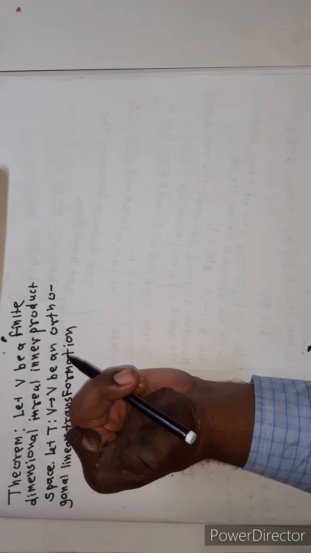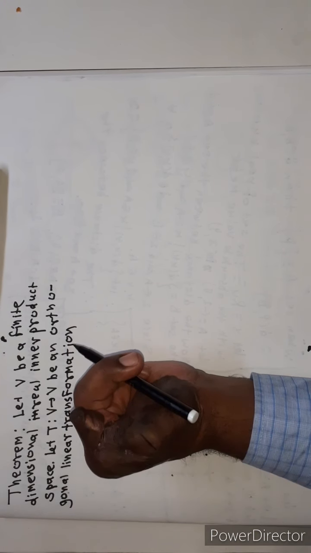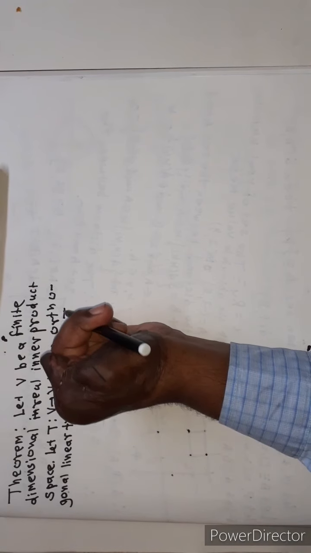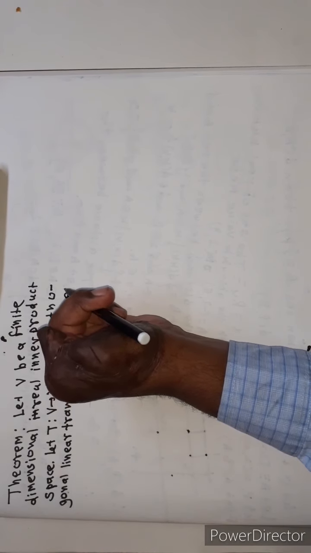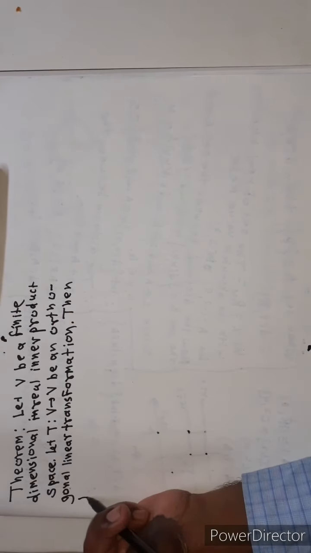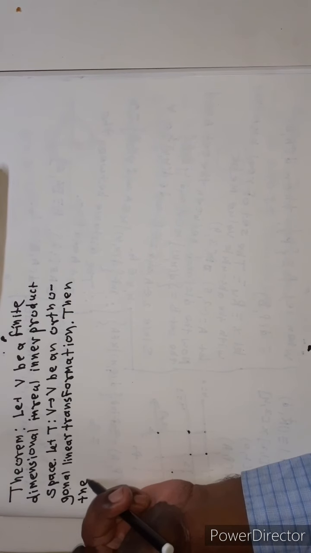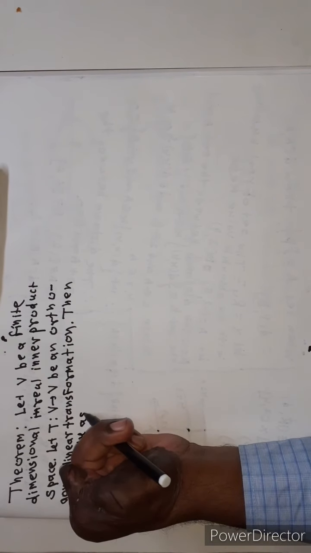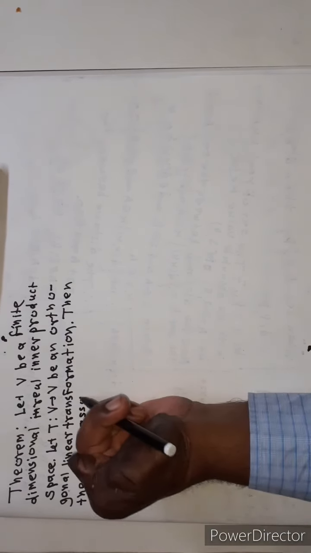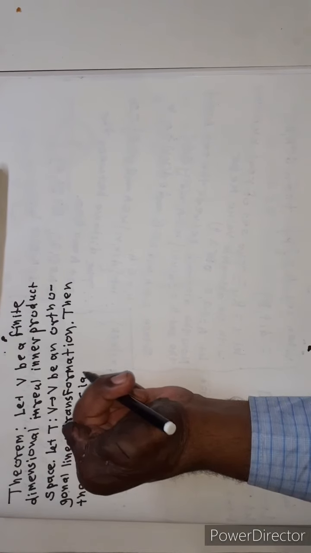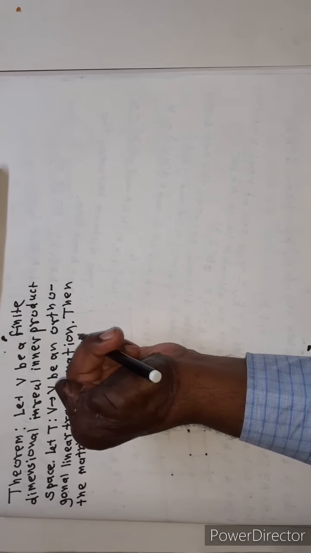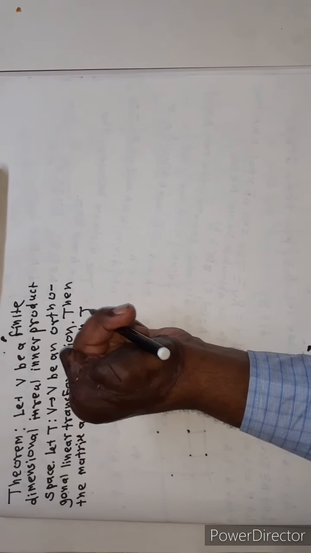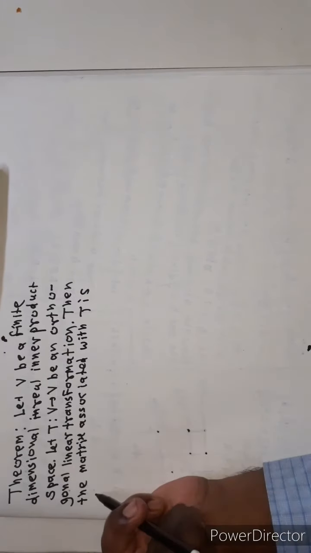Then the matrix associated with T is an orthogonal matrix.